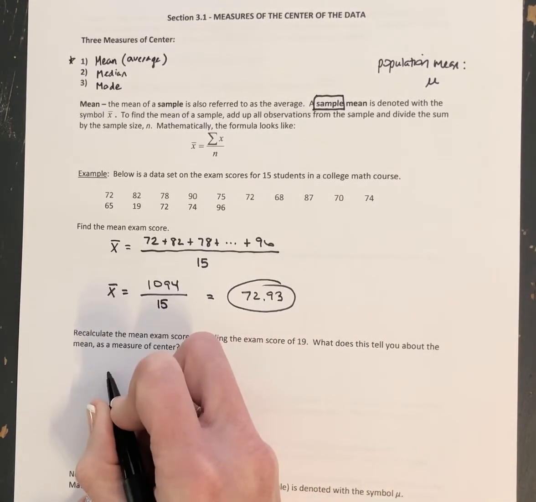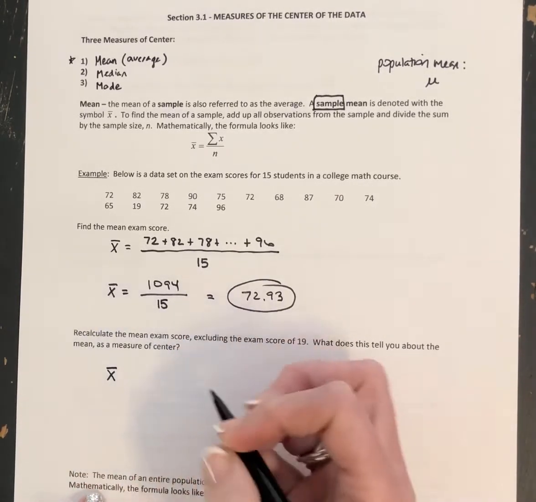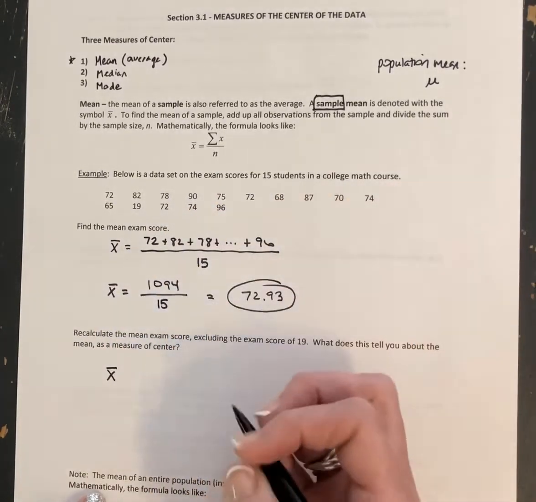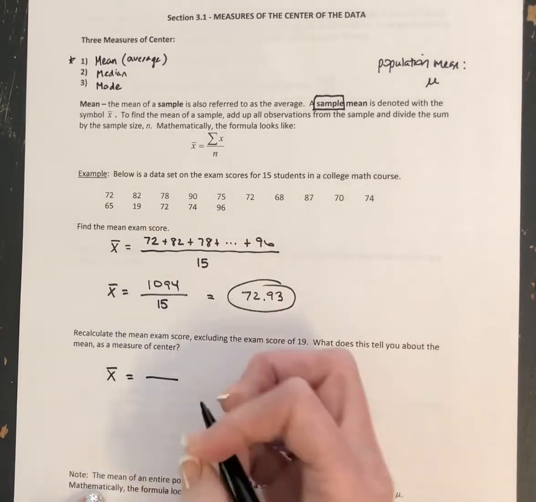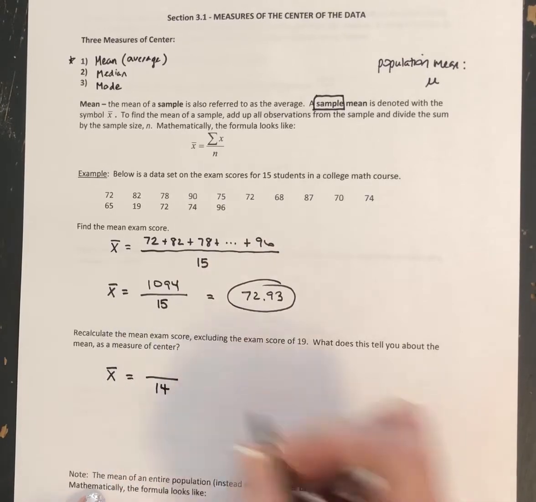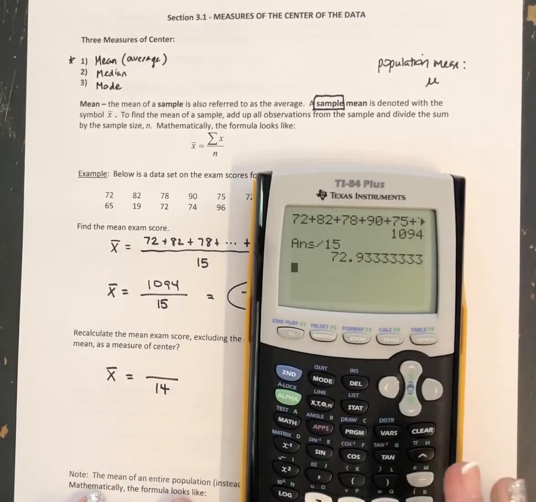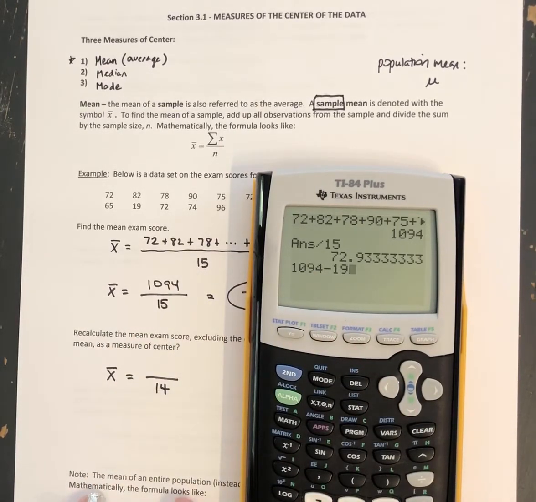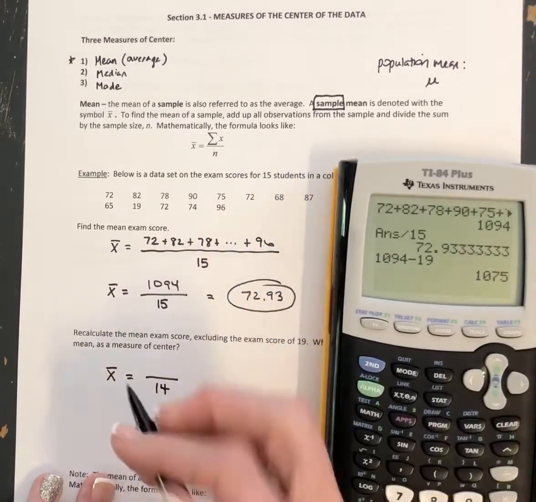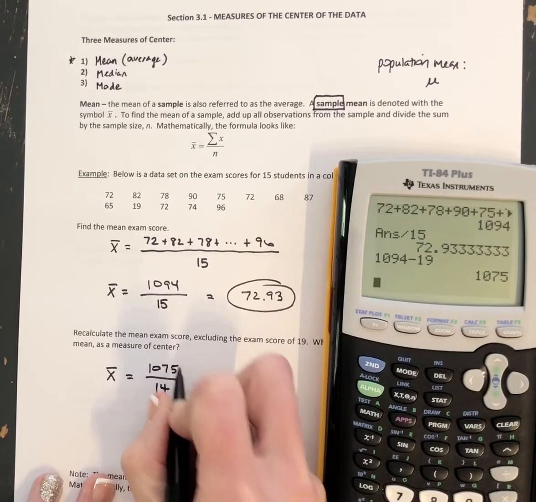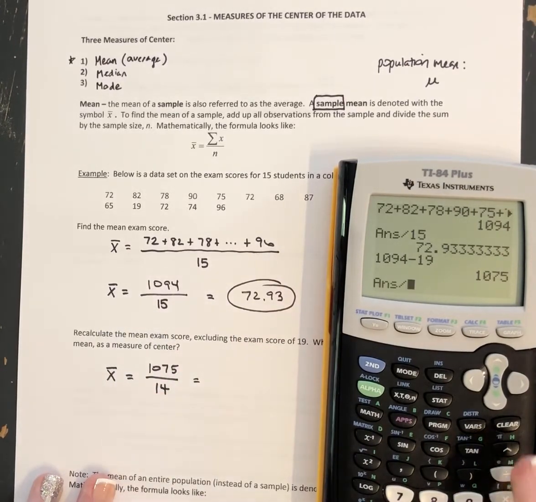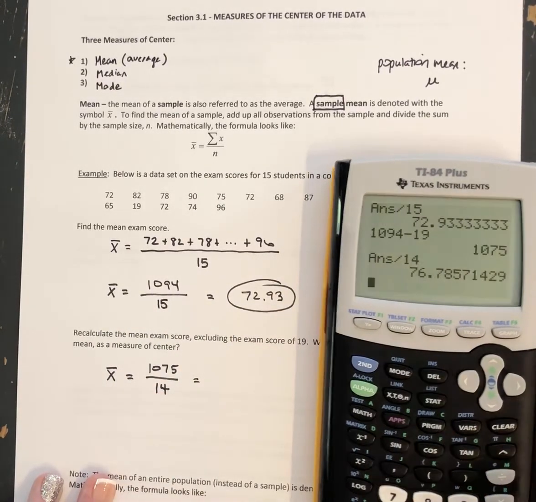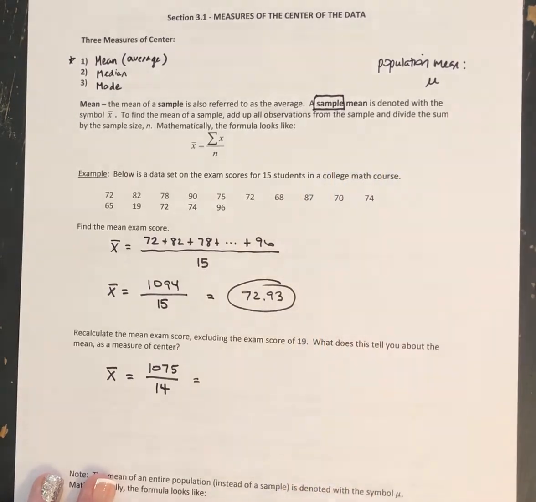What I am trying to show you is what would happen if this data set had not contained that value of 19. In that case, there would have been only 14 data values, and that numerator, instead of being 1,094, would have been 1,075, which would have resulted in a sample mean of 76.79.